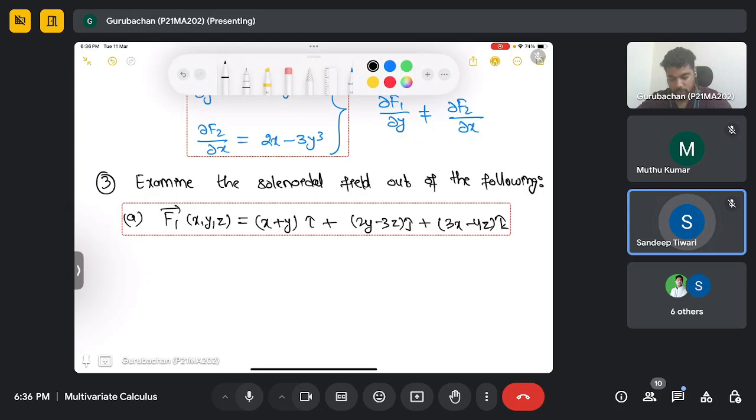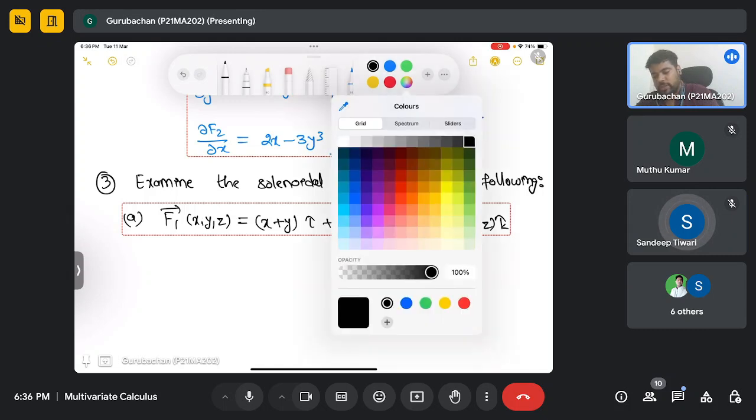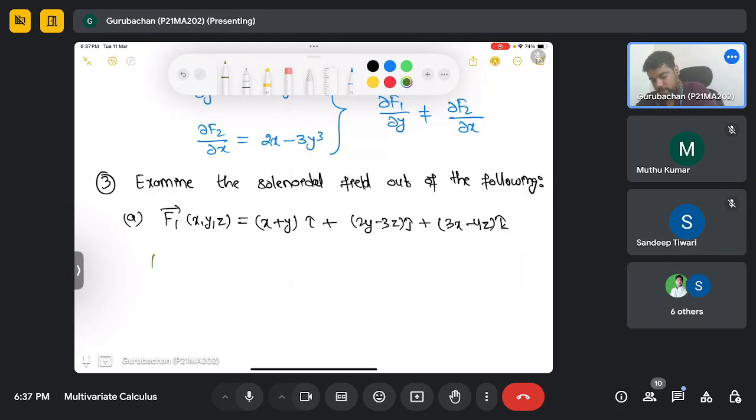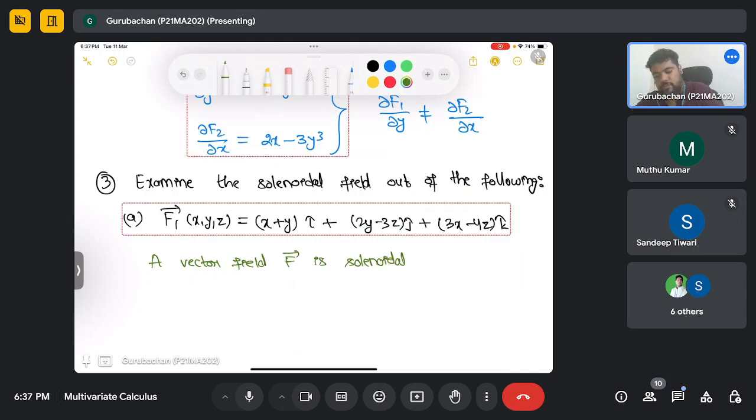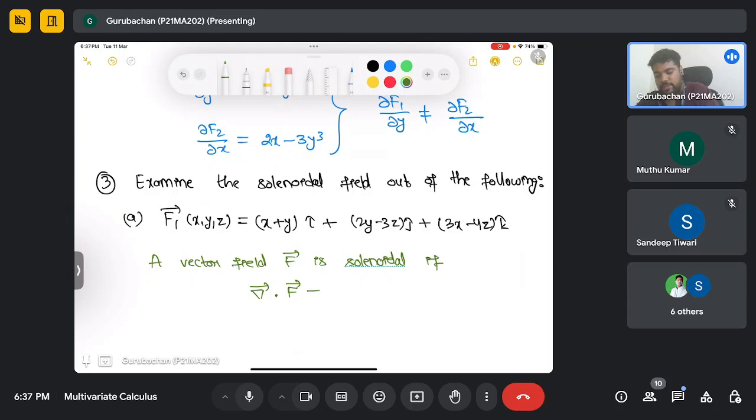Okay. So how can we check whether the field is solenoidal? What is the definition of a solenoidal vector field? A vector field F is solenoidal if del dot F is 0.